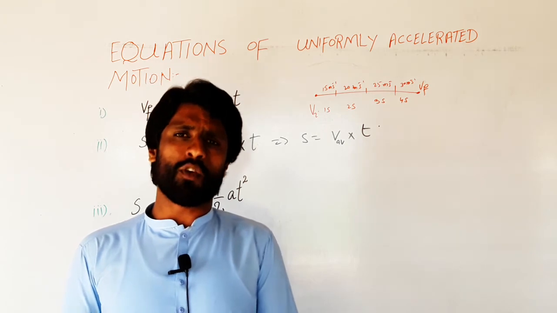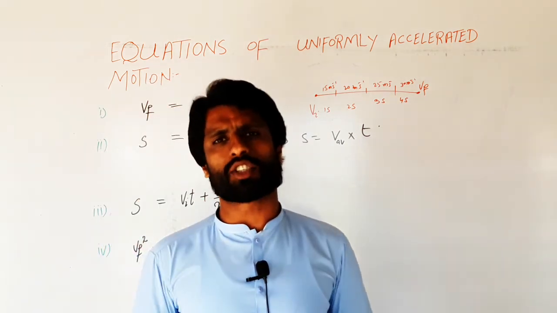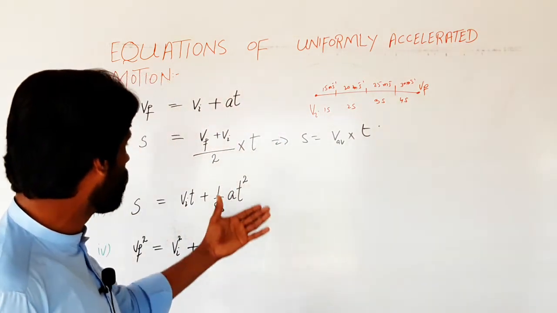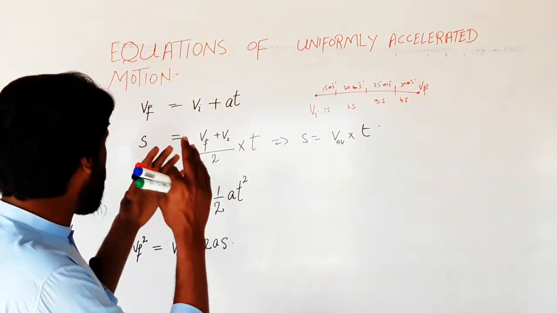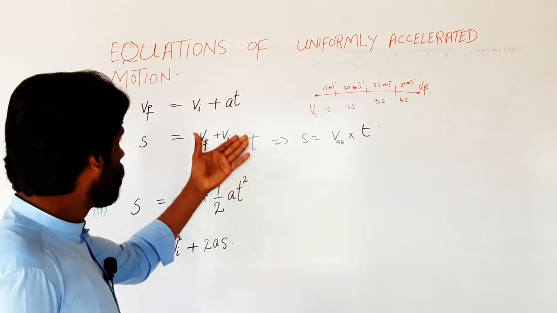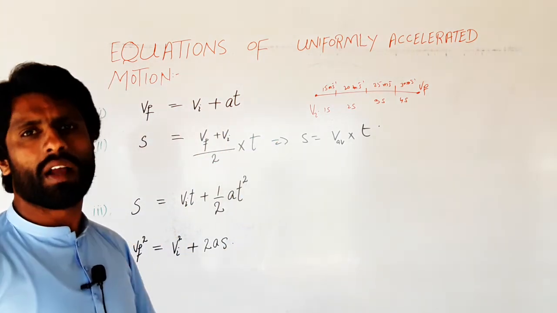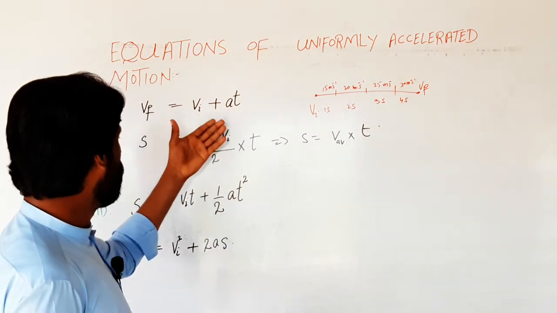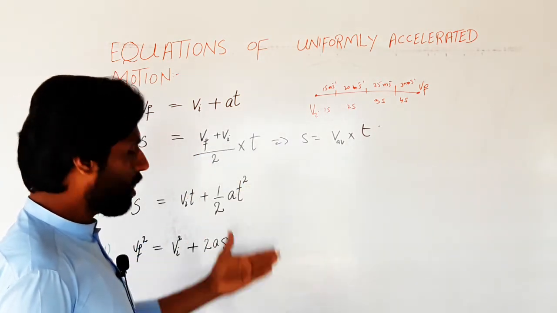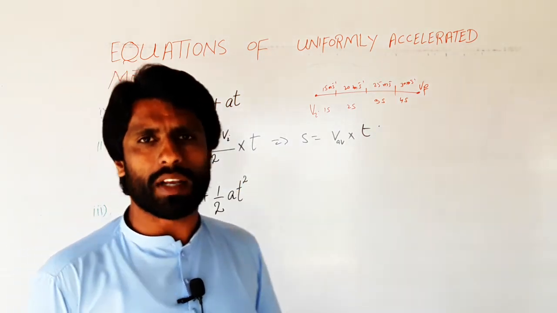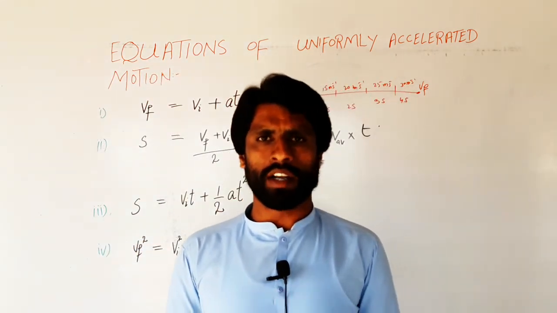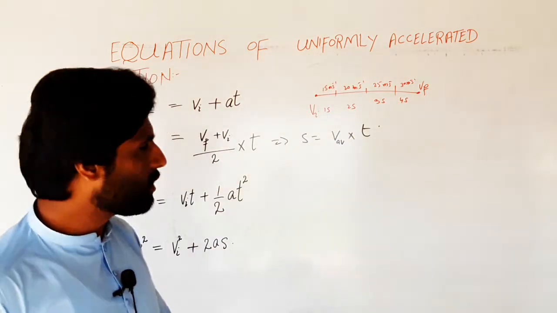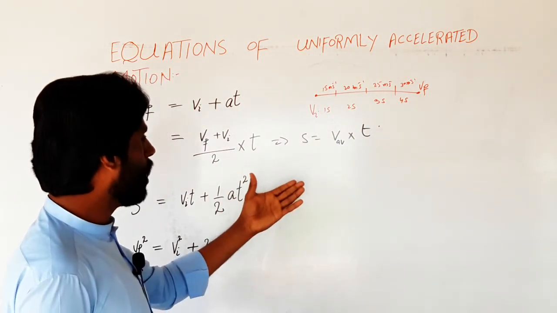And when an object is moving with uniform acceleration, we discuss these equations to find out any one of the quantities according to the statement of the problem. We find the asked quantity, which will be unknown, using these equations.